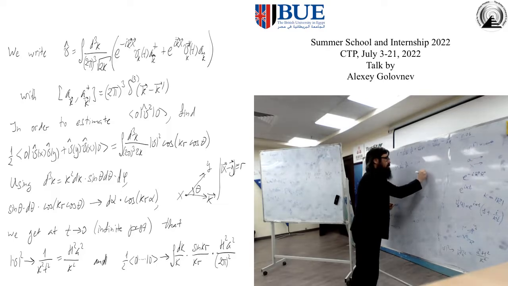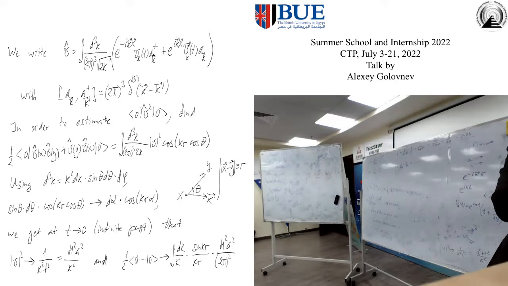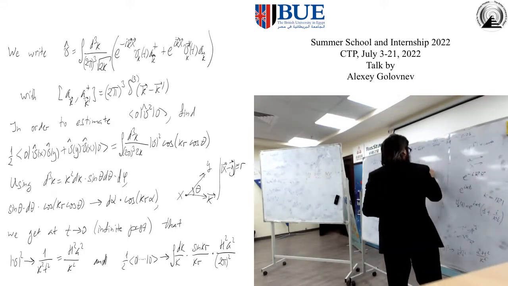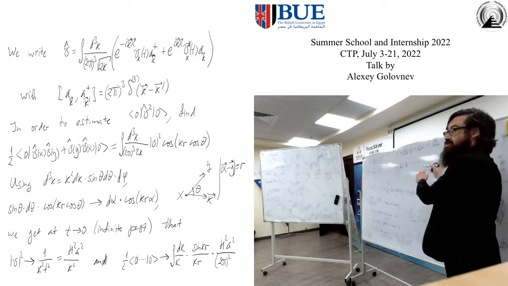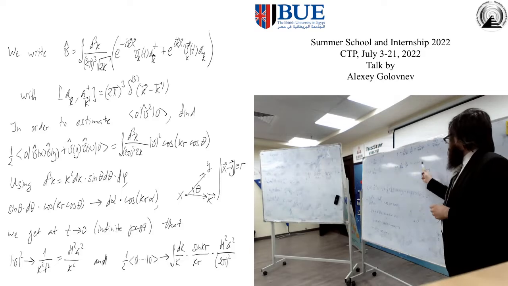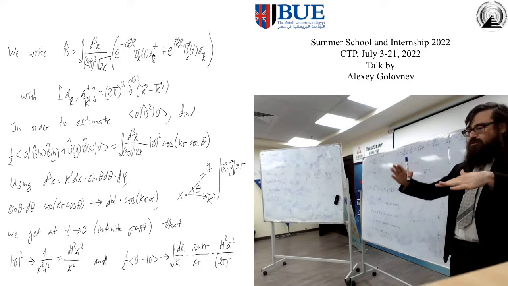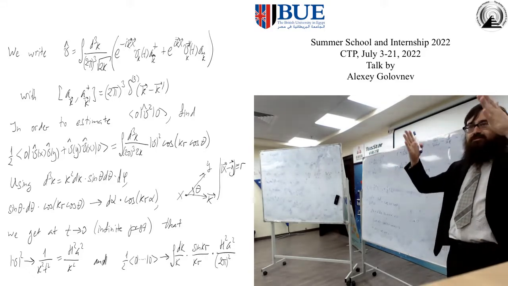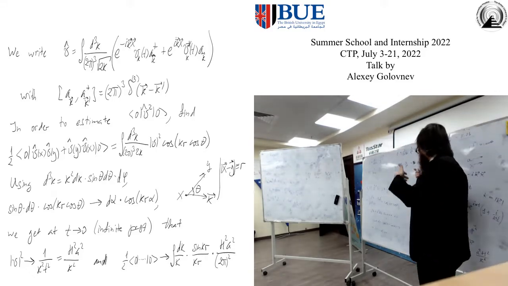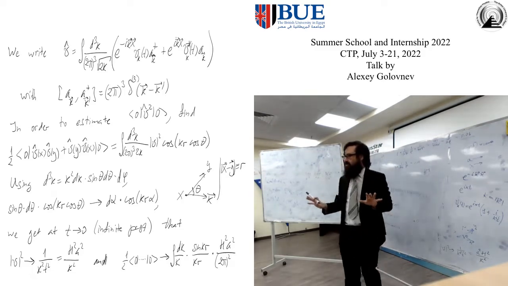If you want to localize your quantum field in a box of this size, then from intuition about quantum mechanics, it means that the amplitude of the field would not be precisely determined. You can imagine that the typical fluctuation of the field would be like the inverse of this length scale, which is h. That's what I get here. So basically that's all we need from quantum field theory for inflationary predictions. Not much.